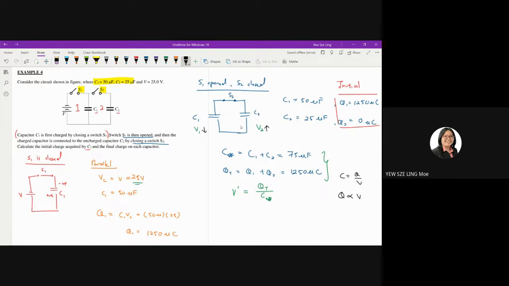So what are we going to see right now? We want to see the final value. V prime equals Q total over C effective, or you can also call it V final.